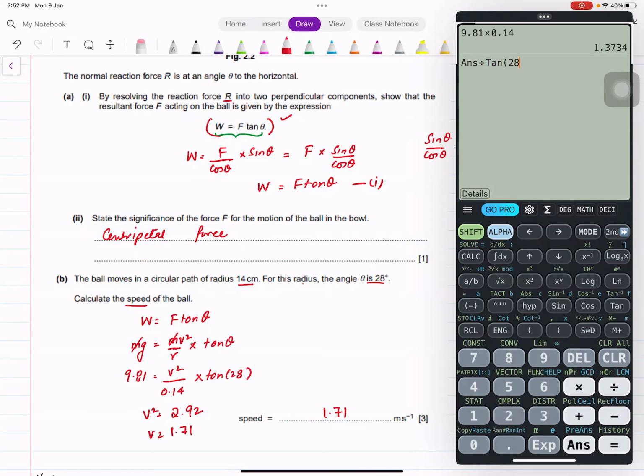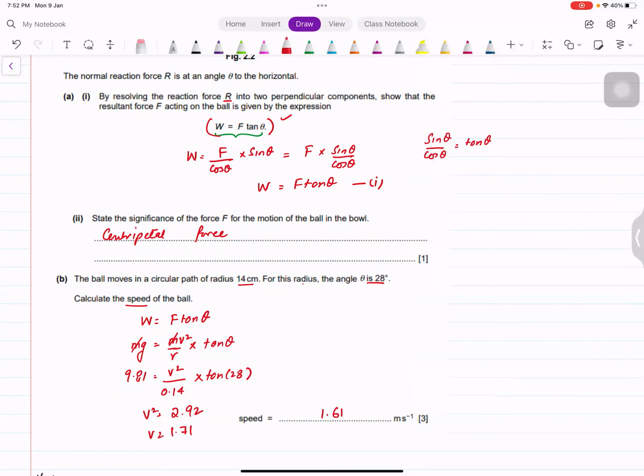I was in gradient mode. This, and square root of the answer. Yes, sorry, it's 1.61. My calculator had a different mode. 1.61. All right, is that clear now? Please make the correction. Sorry. Okay.